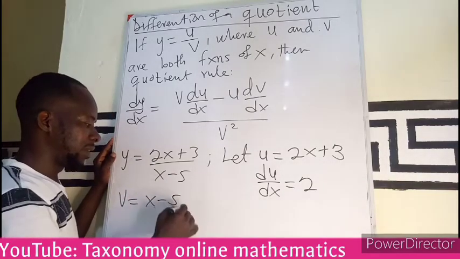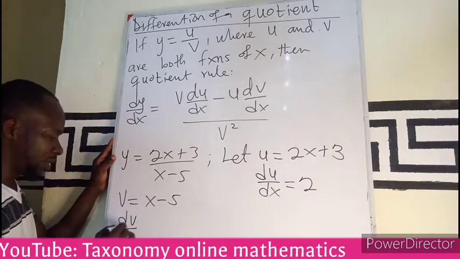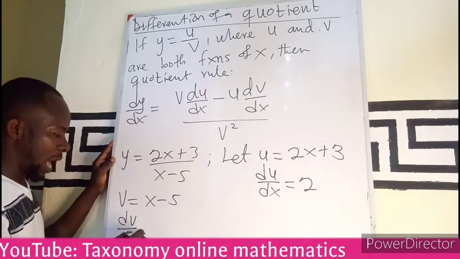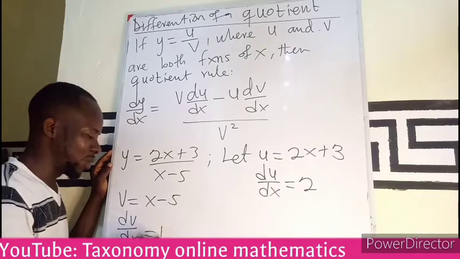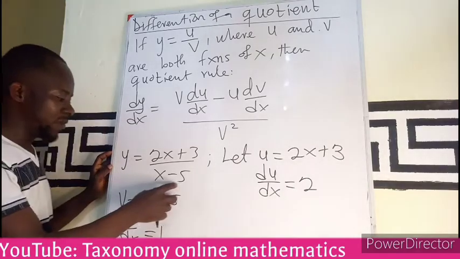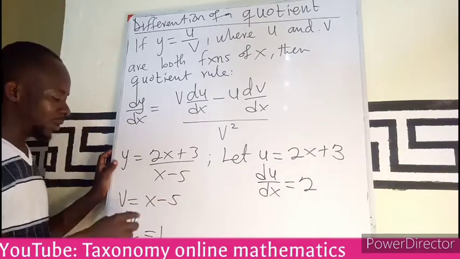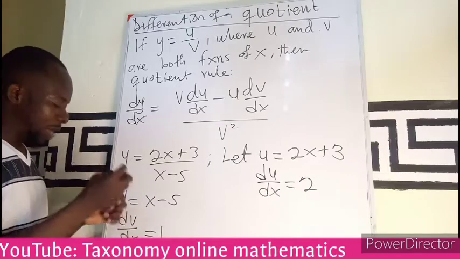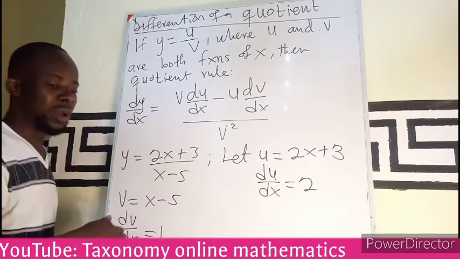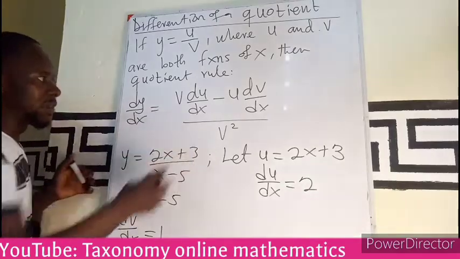So if I differentiate v with respect to x, I'll also have nothing but what? 1. Because if I differentiate the constant, I get 0. If I differentiate the x term, I get only the coefficient, which is what? 1.